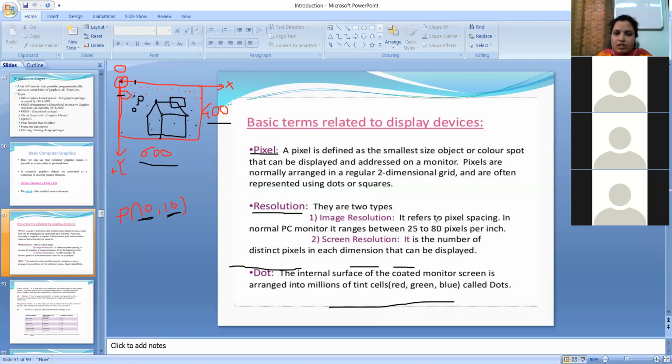It is nothing but the pixel spacing on the normal monitor, and it ranges between 25 pixels to 80 pixels per inch. If I have 25 pixels in 1 inch, will the picture be clearer, or will it be clearer if I have 80 pixels per inch?